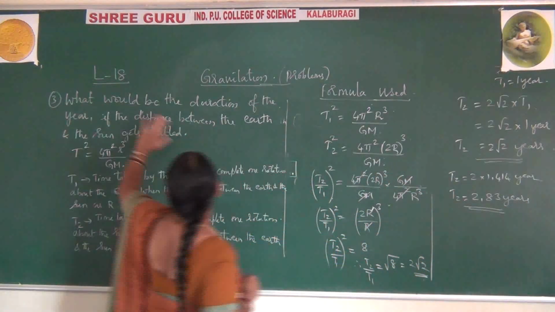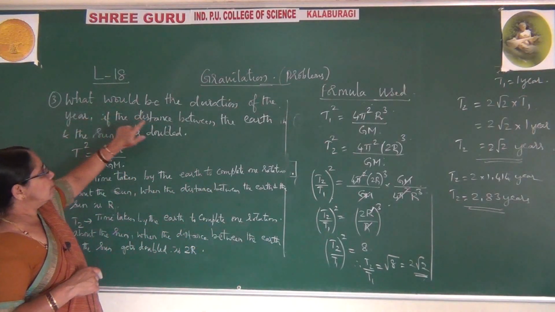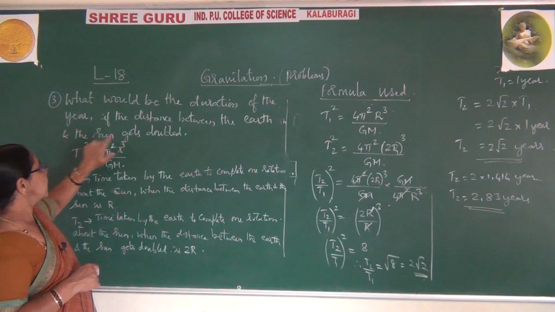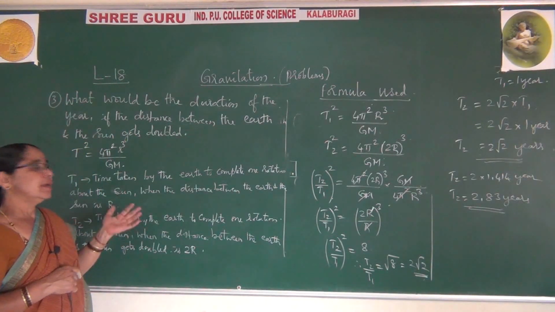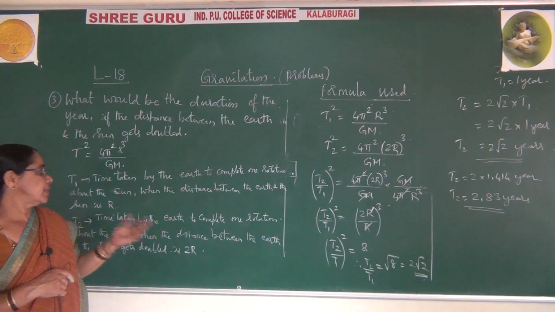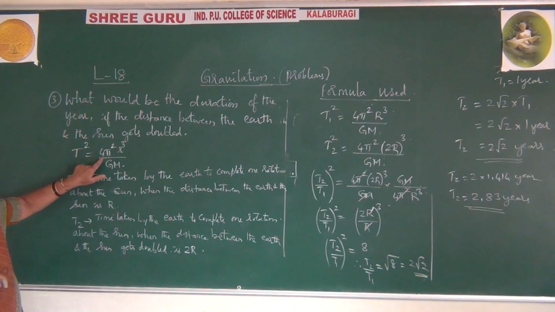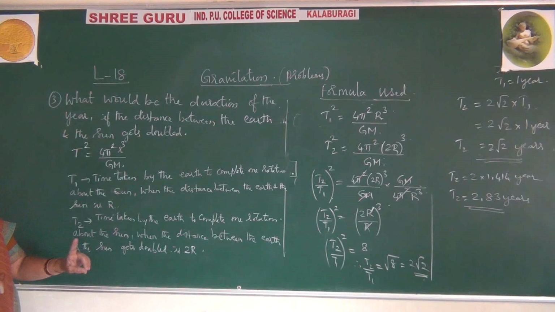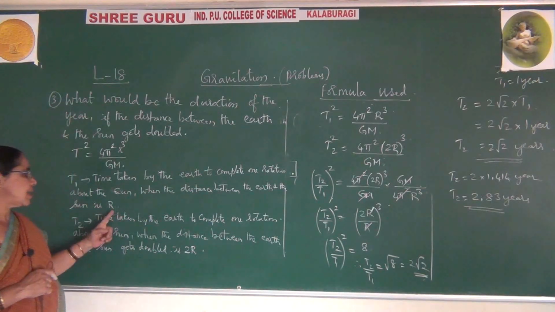So please observe. What will be the duration of the year if the distance between the earth and the sun gets doubled? For this you are comparing with the earth when it is at doubled distance. So first let me write, taking this formula. This is our formula used in this. Now T1 is the time taken by the earth to complete one rotation about the sun when the distance between the earth and the sun is r.